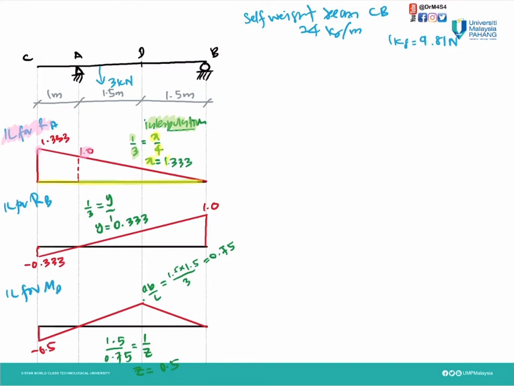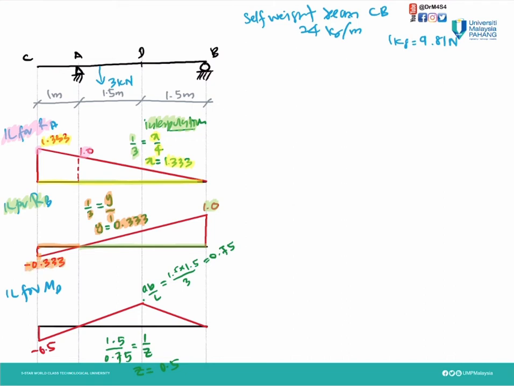So x is 1.33, so here is 1.33. Next, we do the influence line for RB. We know 1.0 is here for the total length of 3 meters, but we don't know yet the value here with the length of 1 meter. So we name it y, and the distance for that is 1. So we get y is 0.33, because that is on the negative side, so negative 0.333.